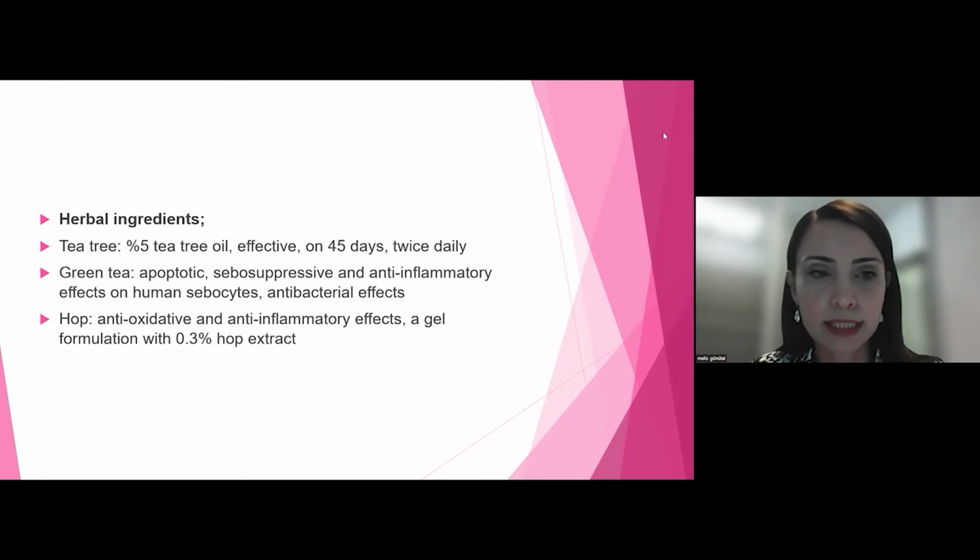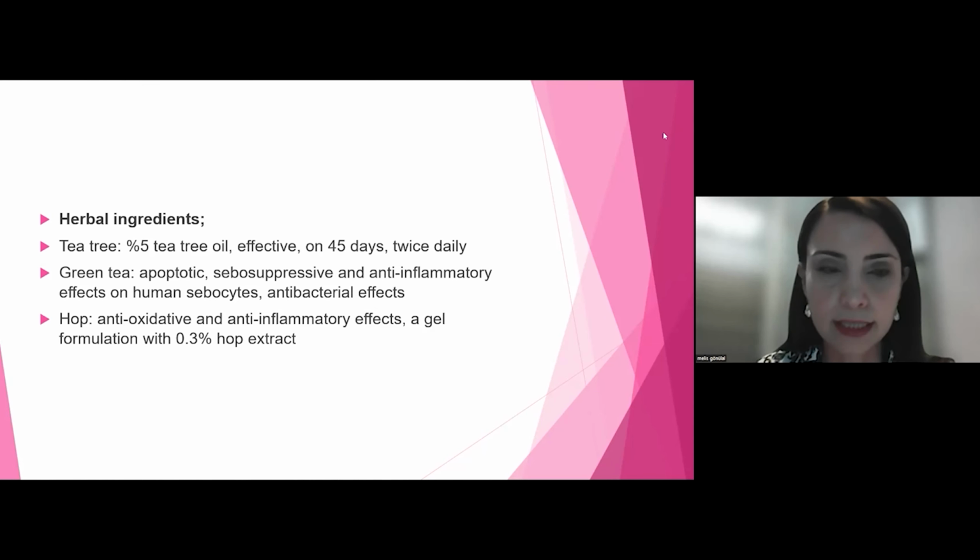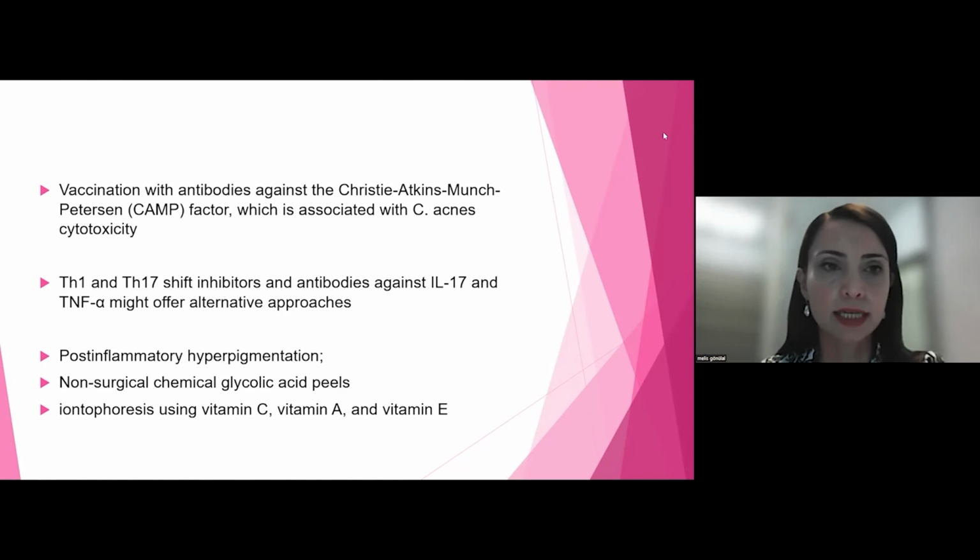Hope is another medicine from herbal ingredients, is antioxidative, anti-inflammatory, and we can use it with a gel formulation named Hope extract.